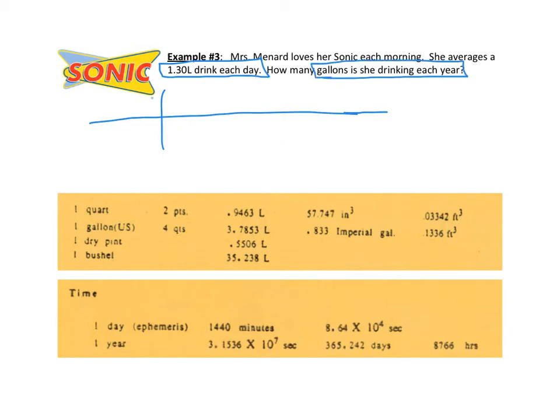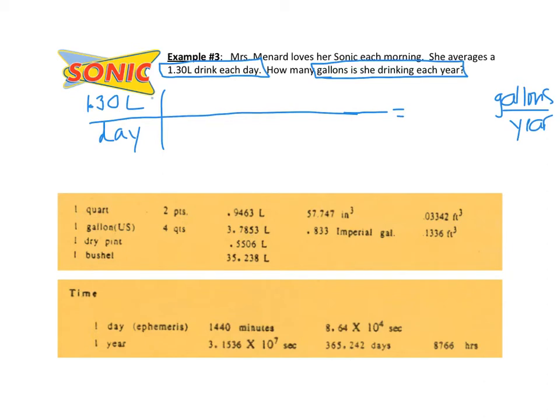So I'm starting with 1.30 liters each day, and I want to end with gallons per year. All right, so I really have 2 conversions that I'm trying to do. One is volume, getting liters to gallons, and the other is time, getting days to years.